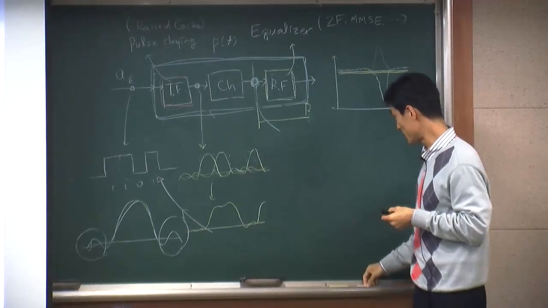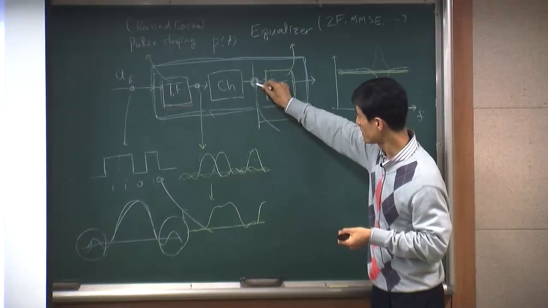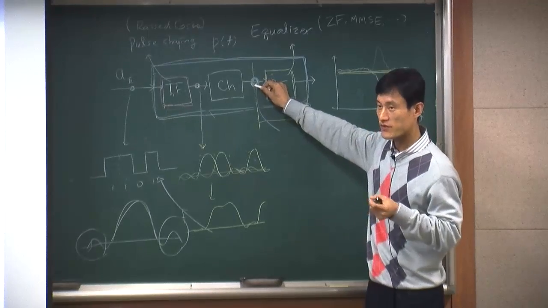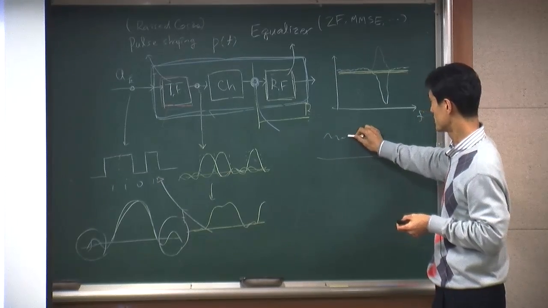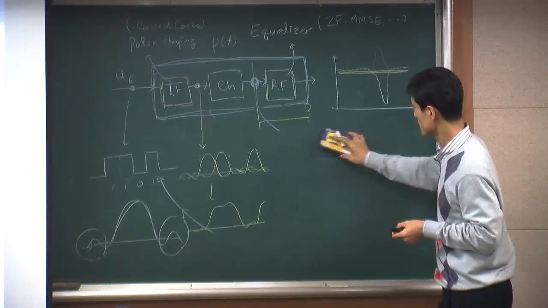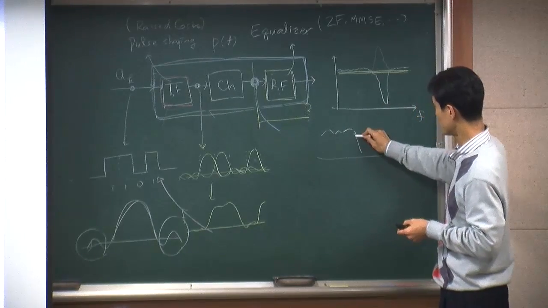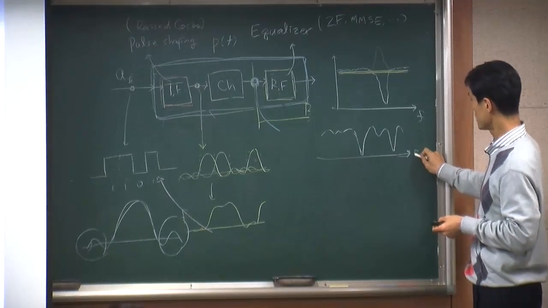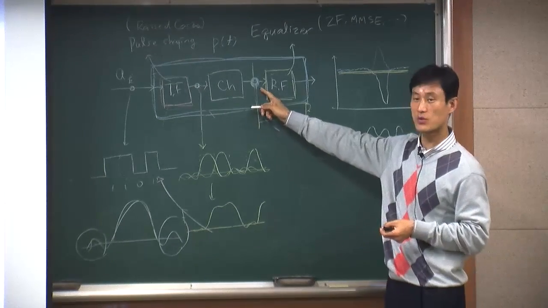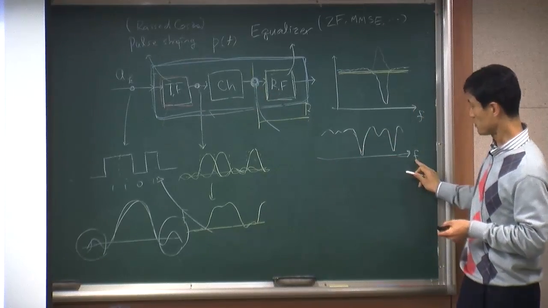In frequency domain, even here in wireless communication, when you look at the frequency spectrum, it's not equal. When you look at the frequency transfer function, some of it has a good gain, some low, some high, some low. This is what's happening in the frequency transfer function. I'm drawing the frequency domain.